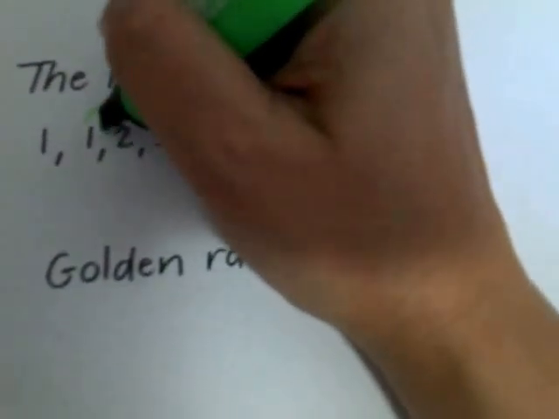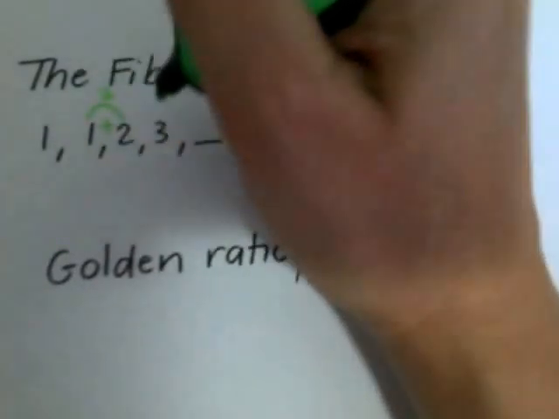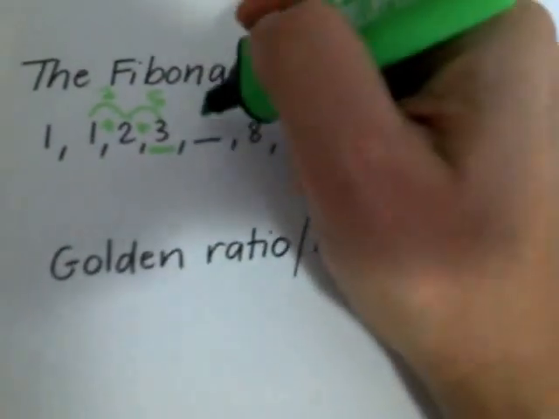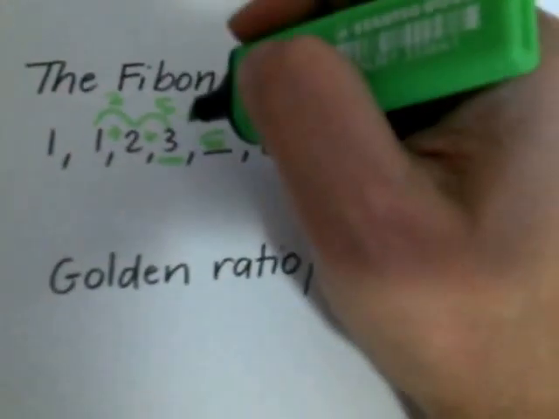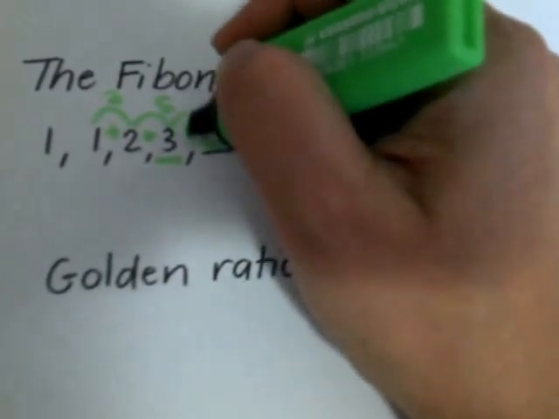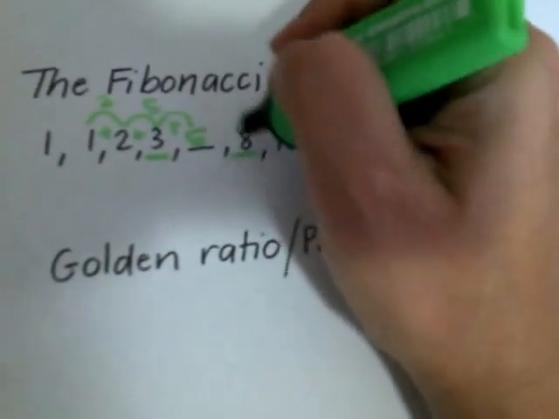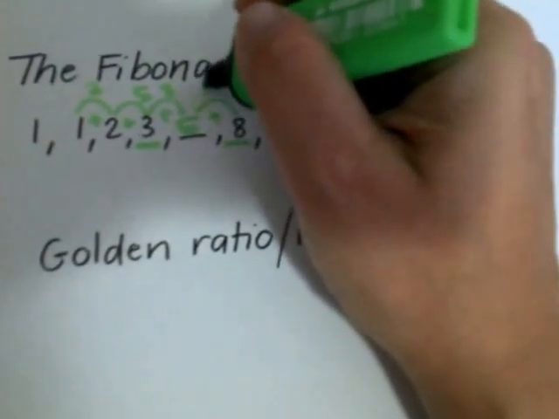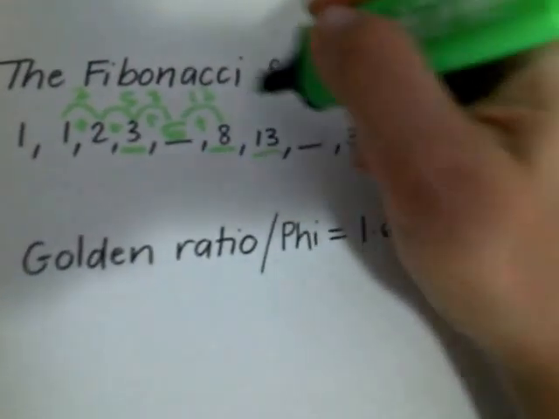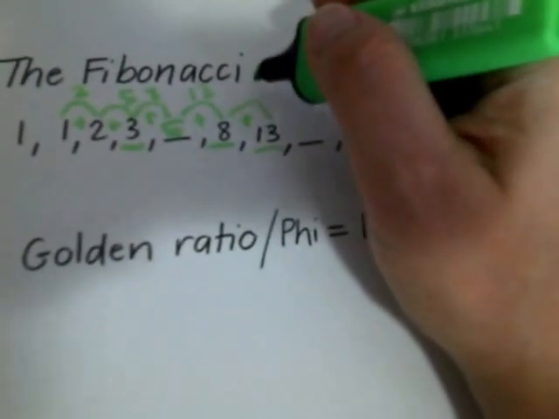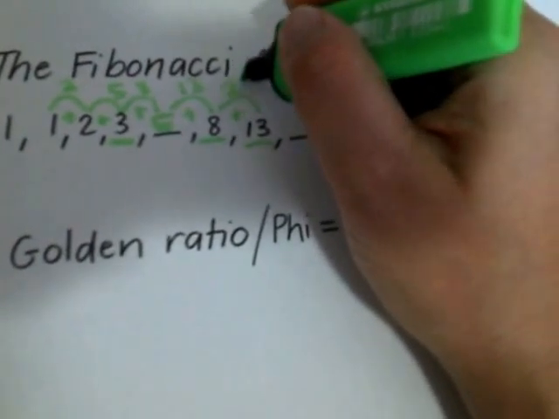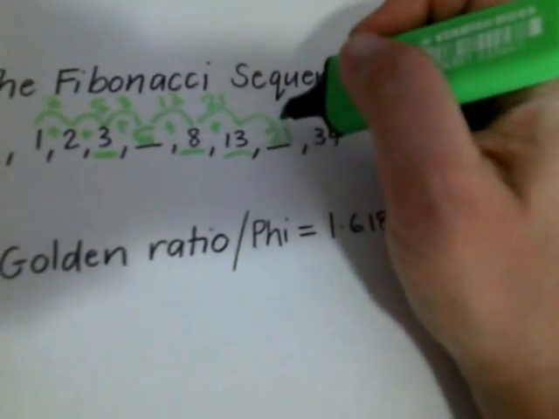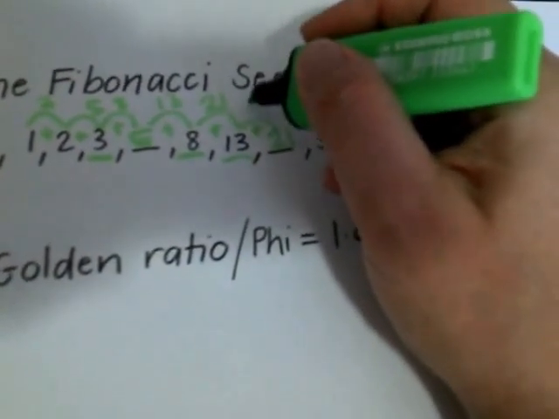So let's have a look. If we go 1 plus 2 equals 3, 2 plus 3 equals 5, gives us our next number in the sequence. 3 plus 5 equals 8. 5 plus 8 equals 13. 8 plus 13 equals 21. 21 plus 13 equals, that's right, 34.